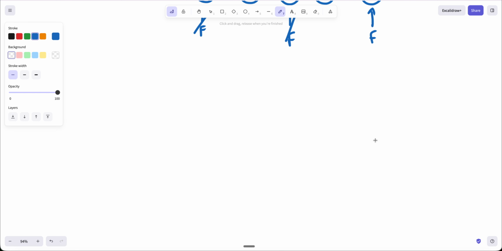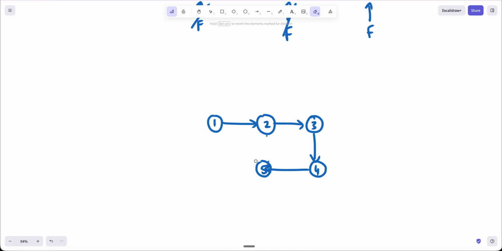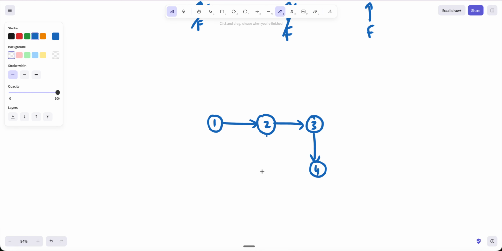Now let's consider one other case. Now there is a cycle, and slow and fast both start here.